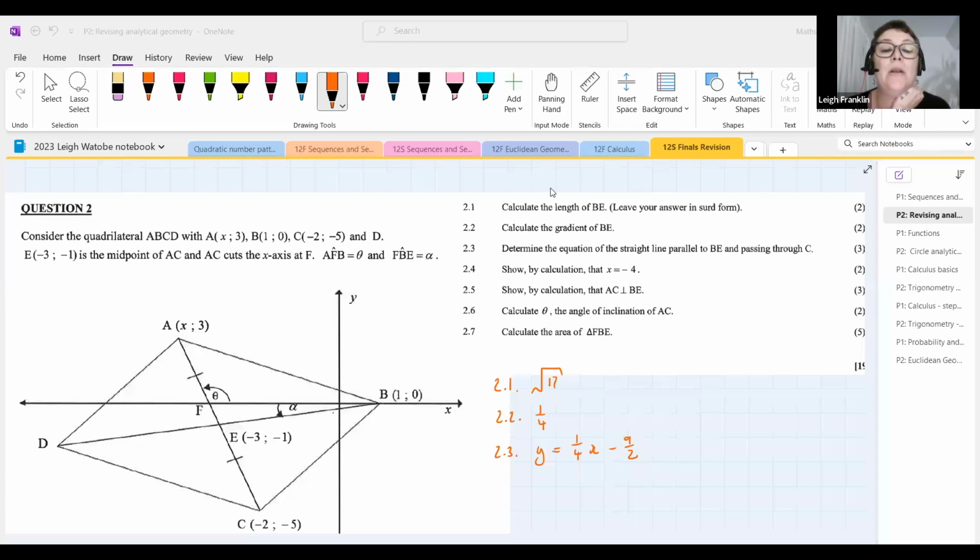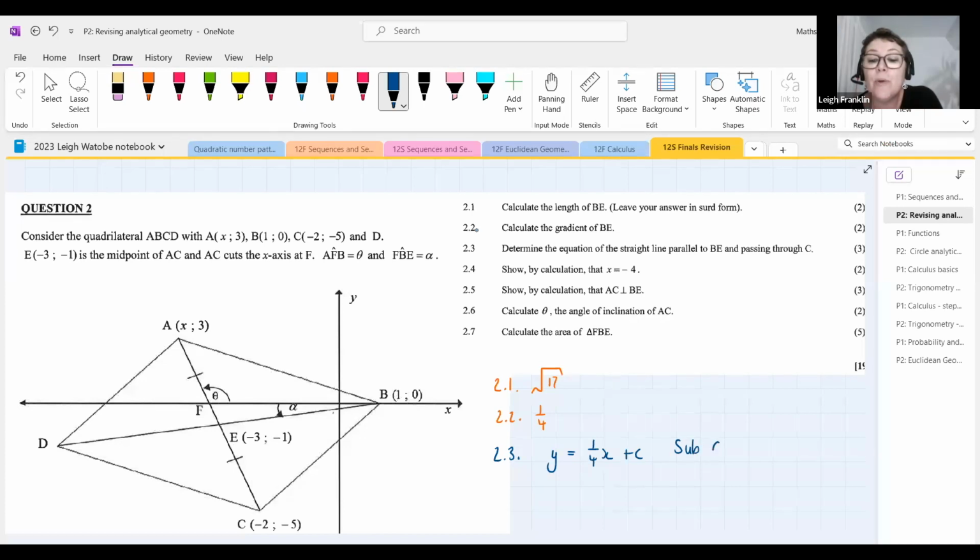Okay, Mbali, let's just do that with you quickly because I see you've got the answer incorrect there. My answer was fine, but I'm just going to show you. In question 2.3, the line is parallel to BE and the gradient of line BE is 1/4. So you've got y = 1/4x + c, and then you sub in point C, which has the coordinates (-2; -5).